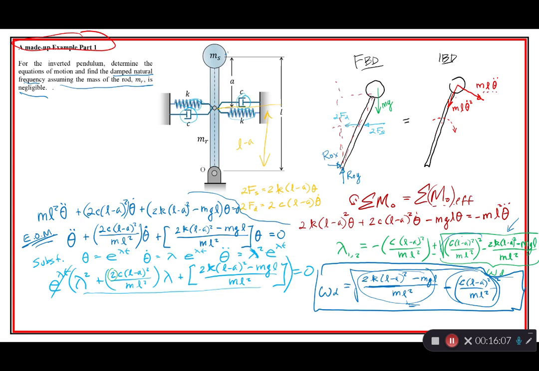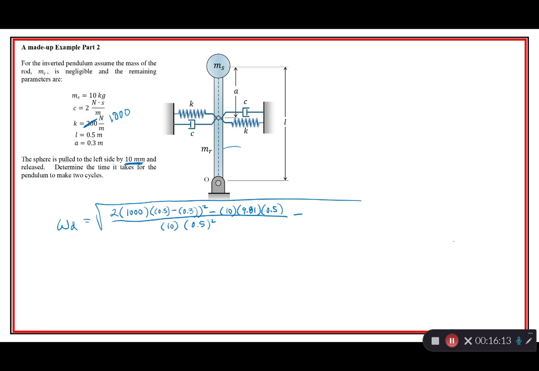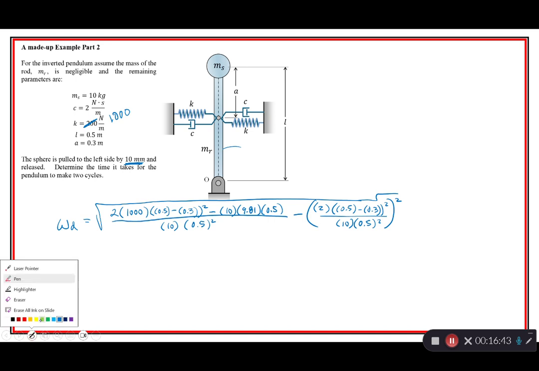So we're going to have a C times, so C is 2, times L minus A, that ends up being 0.5 minus 0.3, and that thing is squared, and that's divided by 10. This is the mass and the length squared, and that whole thing squared. All right, so I have a mistake in my original right in here.